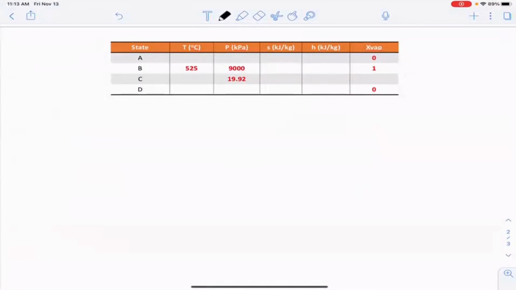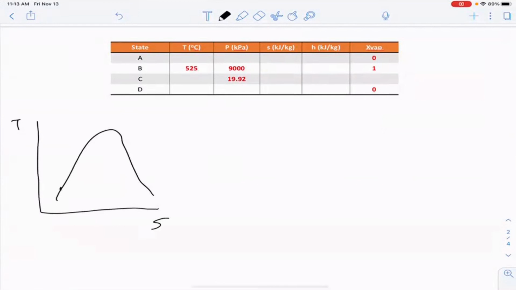All right. So if you remember, in the previous problem, we had our TS diagram. And we sort of have to ask ourselves, what is going to change in a problem like this? Well, in the previous problem, we knew that we were at D, A, B, and C. This is what our TS diagram looked like.